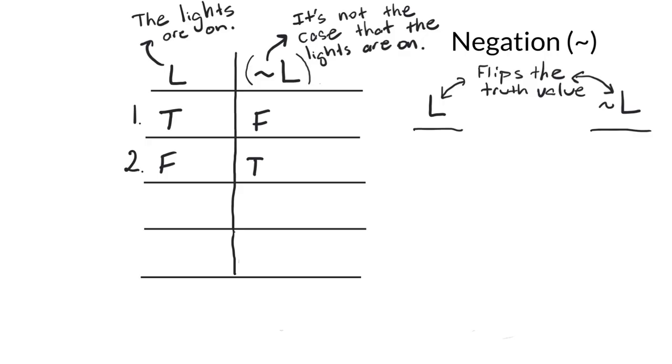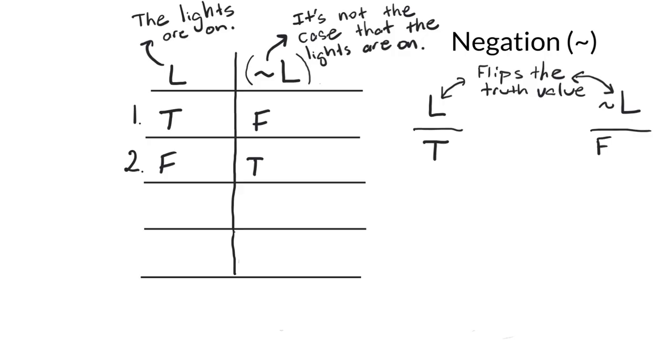So operationally, it might be easier to think about how the tilde functions. So you'll see here that I say that the tilde flips the truth value, and I've got the arrows going both ways here. So we can think about it in one direction and we can think about it in the other direction. What I mean by that is if L is true and then we've got tilde L, the tilde or the negation flips the truth value.